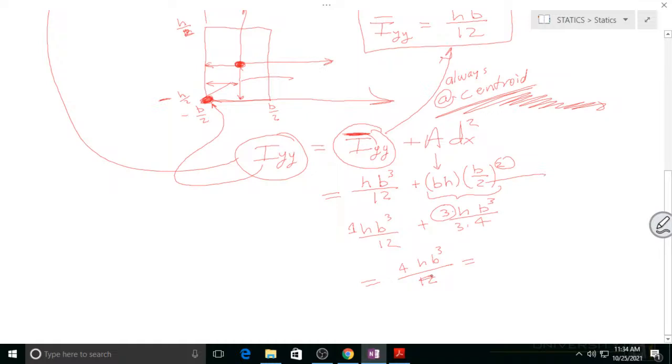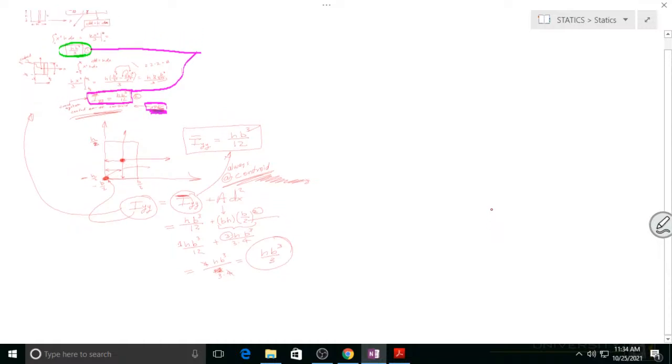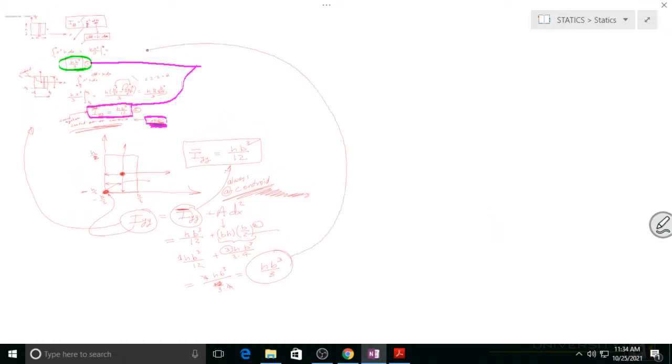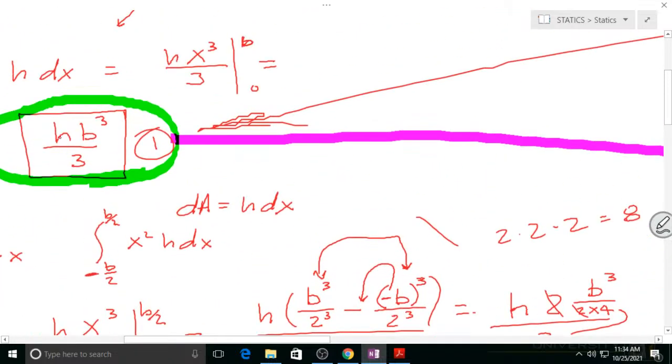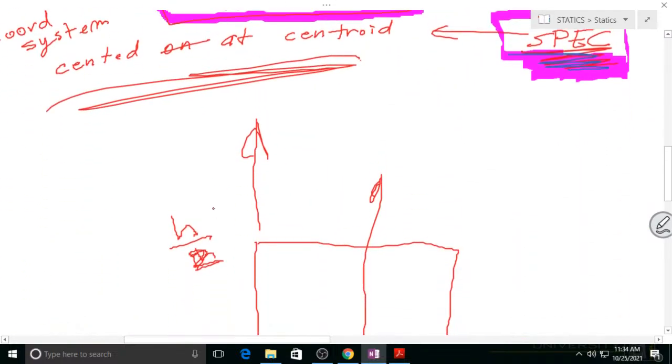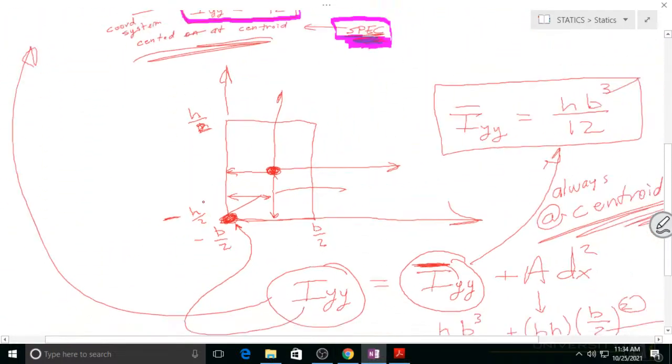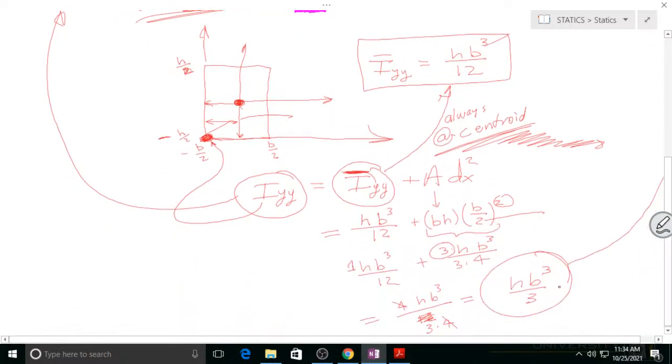And then I can break that back down to 3 times 4, knock that out, and get h base to the third over 3. The question is, is that the same thing that occurred up here? And in fact, if you look at it, that is. You look at it up here, h base to the third over 3, and h base to the third over 3.